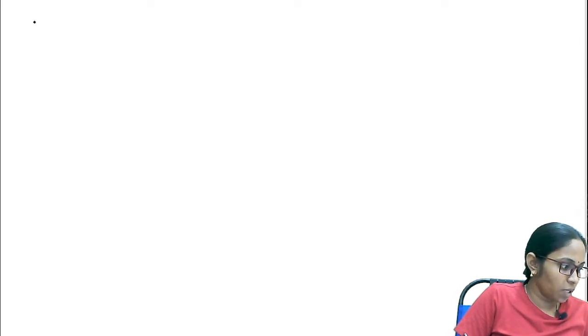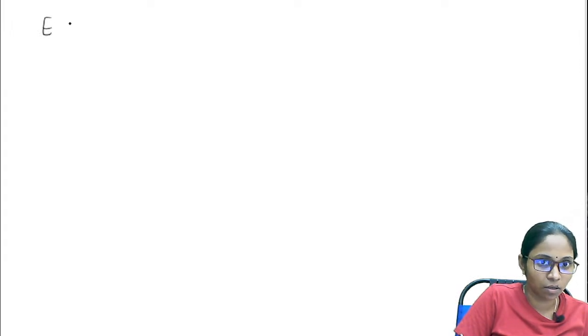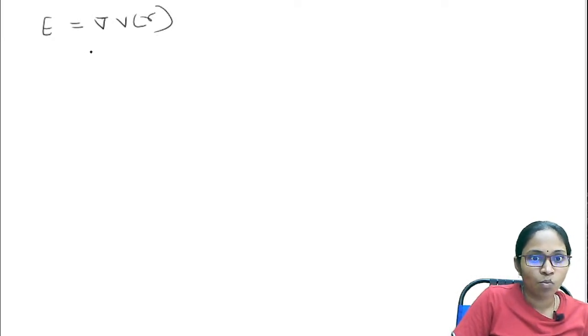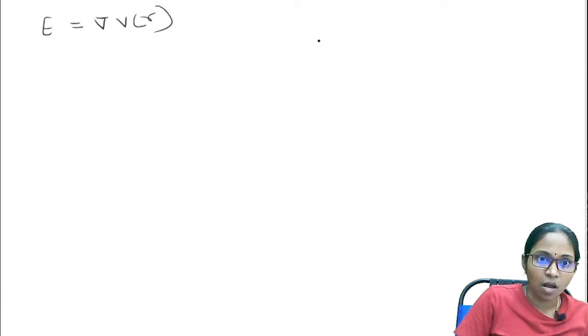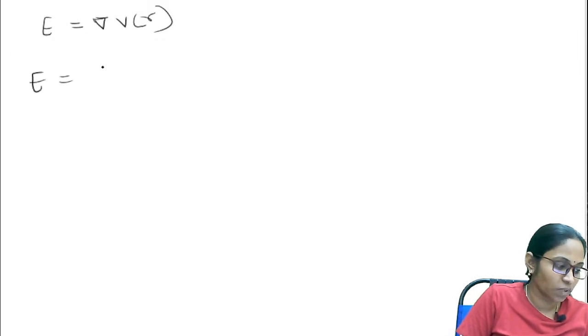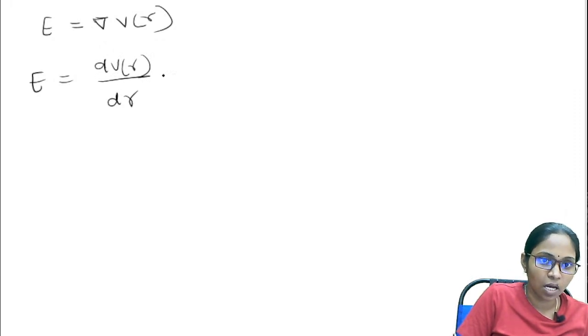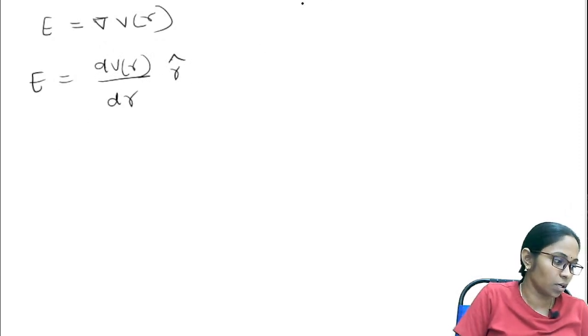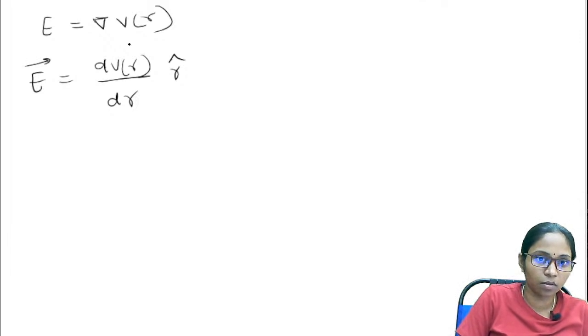Here we will have the electric field, right? The relation between the electric field and the potential energy is that the electric field is nothing but the gradient of the potential energy, and this can be written in terms of dV(r)/dr r cap in vector form.